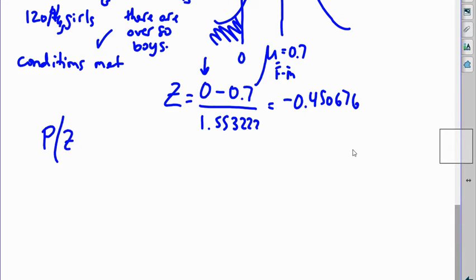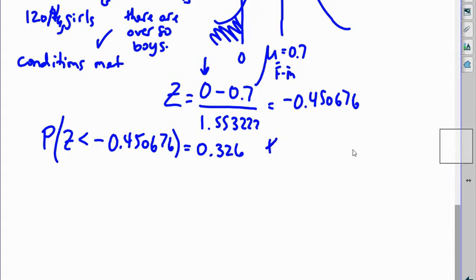Now let's find the probability of that. The probability that z is less than negative 0.450676 is 0.326.